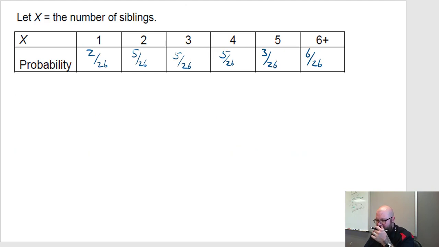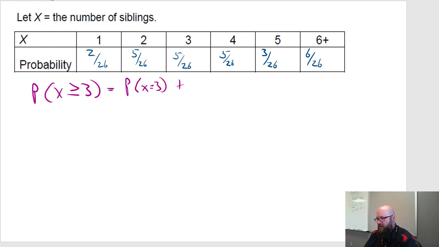All right, so now let's look at some probability values here. If you were asked to find the probability of X greater than or equal to 3, you're looking at the probability of X equal to 3, plus the probability of X equal to 4, plus the probability of X equal to 5, and the probability of X equal to 6.